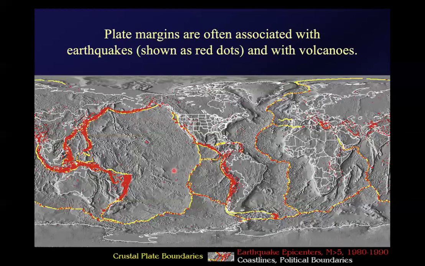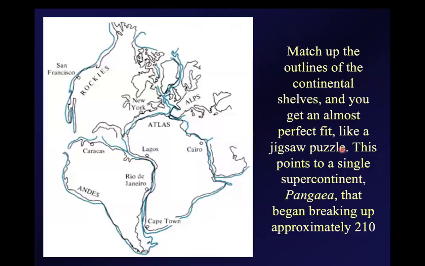So there's a great deal of geological activity along the edges of plate margins. There's a few places where you find them in the center of plates, like Hawaii right there, East Africa right there, and there's various reasons for that. But you can see that there's a very strong correlation between quake activity and plate margins.